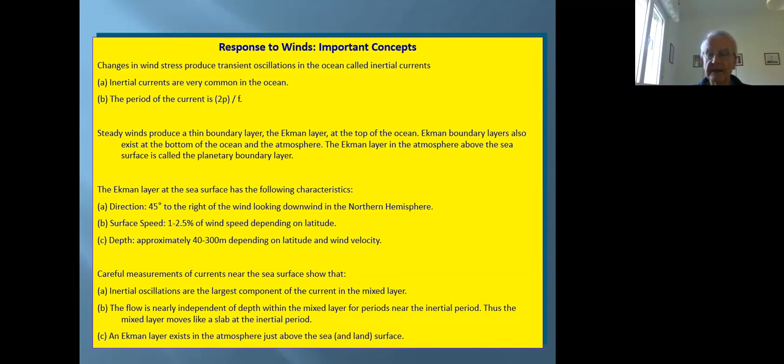Another concept is that careful measurements of currents near the sea surface show that inertial oscillations are the largest component of the current in the mixed layer. We said that the more important part of the wind-induced currents are those steady flows.